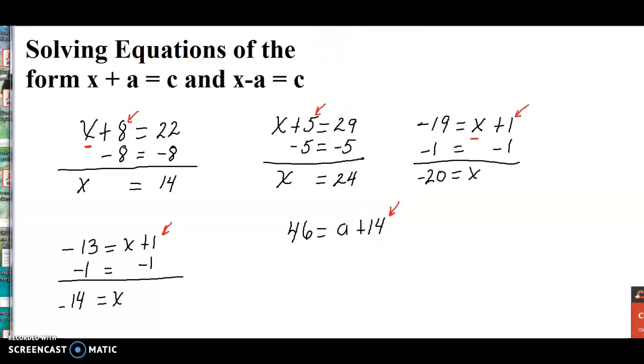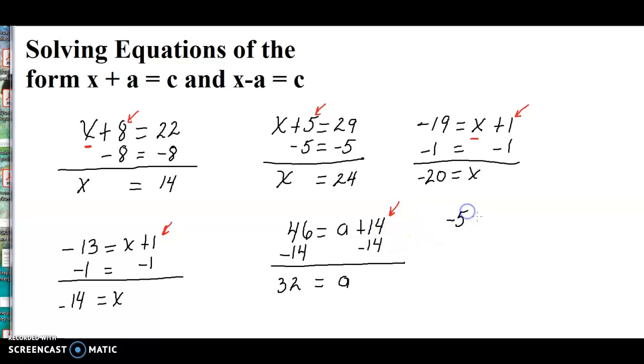The only way I can get rid of that 14 is to subtract that 14 away. And if I subtract on one side of the equation, I have to subtract on the other side. And so I get 32 is equal to a.